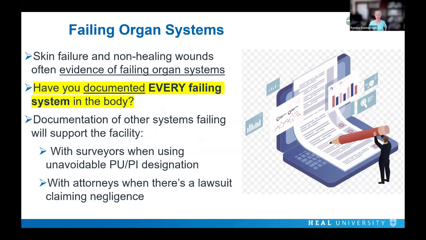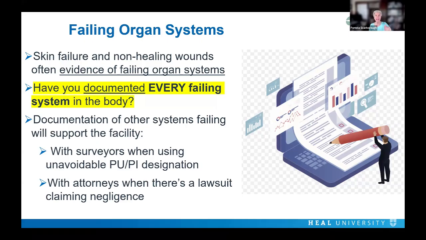So failing organs, this is when we have skin failure, when we have non-healing wounds of any kind. It's evidence of a failing organ system. You wouldn't have holes in your body. Your patients and residents wouldn't have holes in their bodies if they didn't have some organ system in failure or an infection. The question here is, have you documented every failing or impaired system in the body?